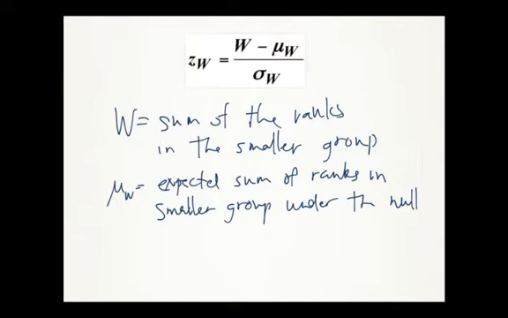Okay, and similarly, sigma sub W is the standard deviation of the sum of ranks in the smaller group under the null. Okay? All right.